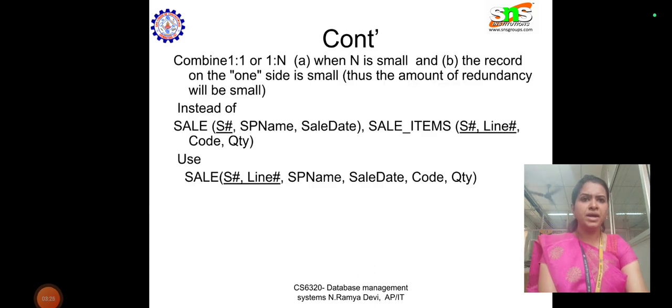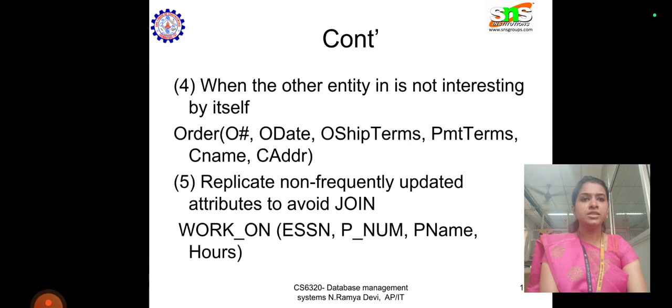Then, combine one-to-one or one-to-n relations when n is small and the record on the one side is small, so the amount of redundancy will be small. So instead of sale number, SP name, sale date, sale items, sale number, line number, code quantity, use sale number, line number, SP name, sale date, code quantity. Another is when the other entity is not interesting by itself: order number, order date, order ship terms, permanent terms, and code number, and customer address.